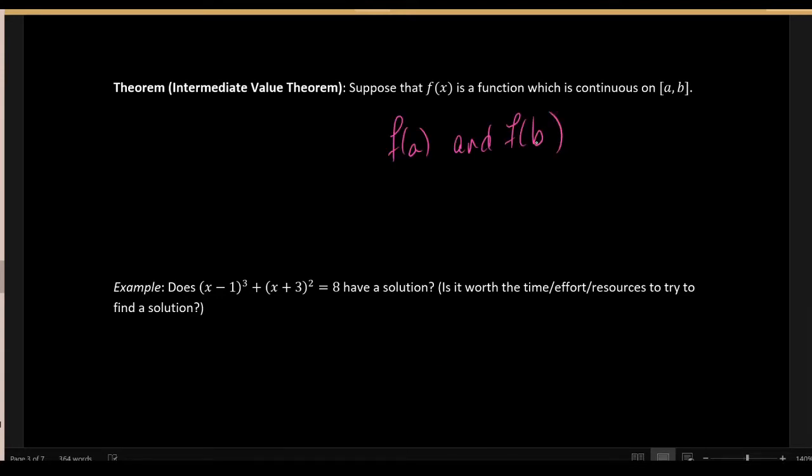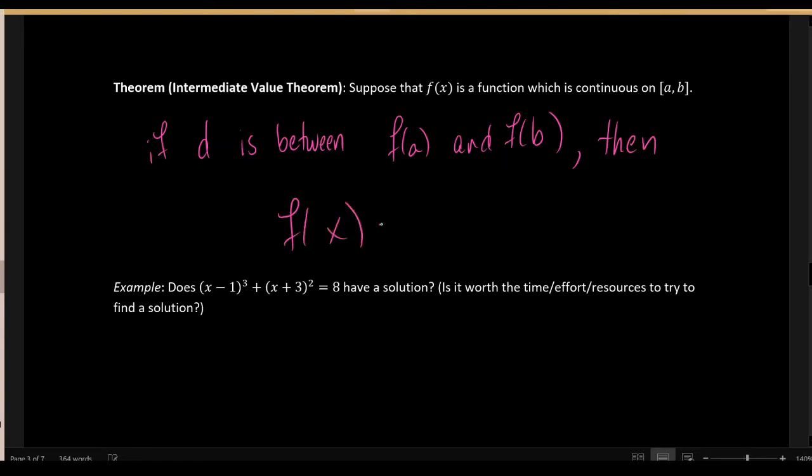If you have a third y value, let's just call it d, which lies somewhere between the y value at the left endpoint and the y value at the right endpoint, then the equation f of x equals d definitely has at least one solution.